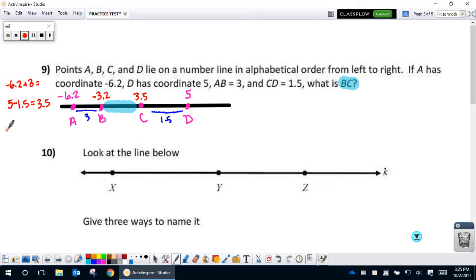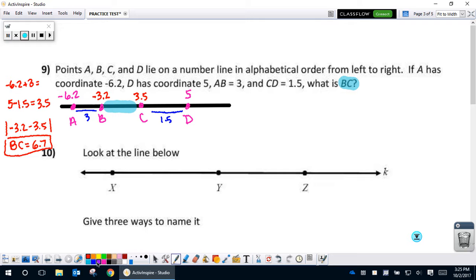So therefore, if you do the absolute value of -3 2/10 minus 3.5, you should get 6 7/10. So what that means is 6 7/10 is the distance between B and C.